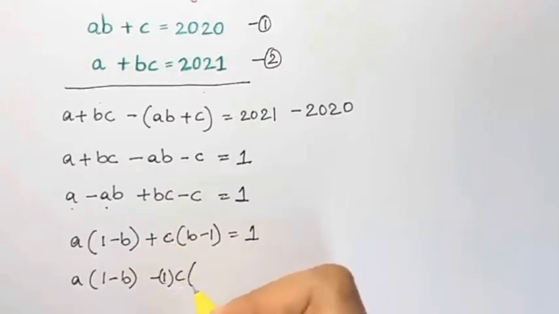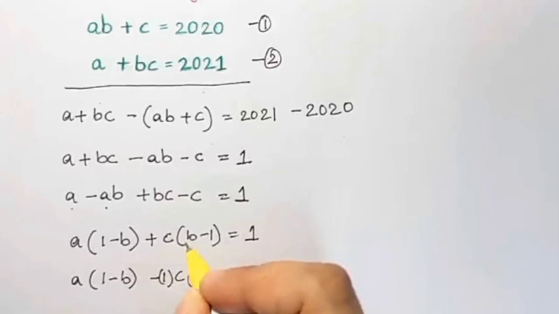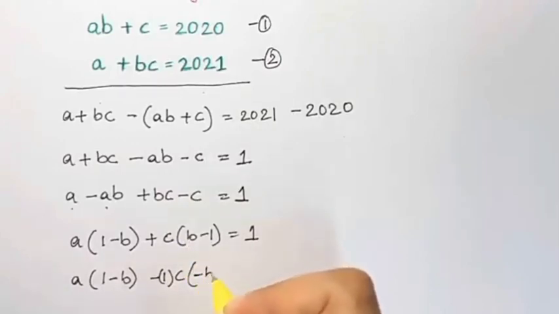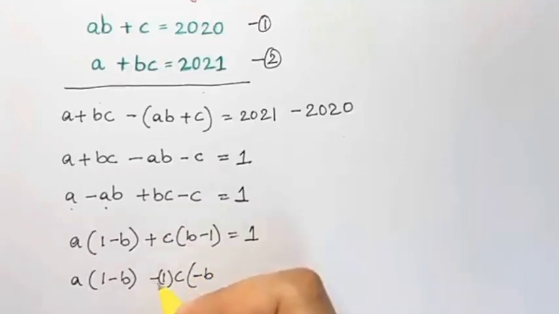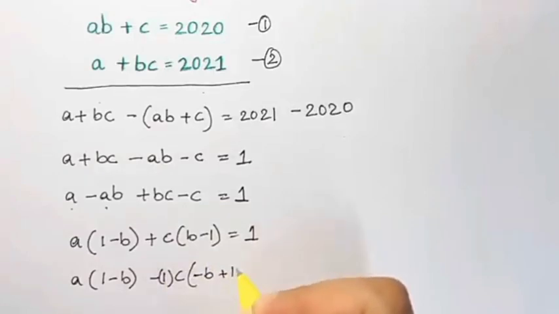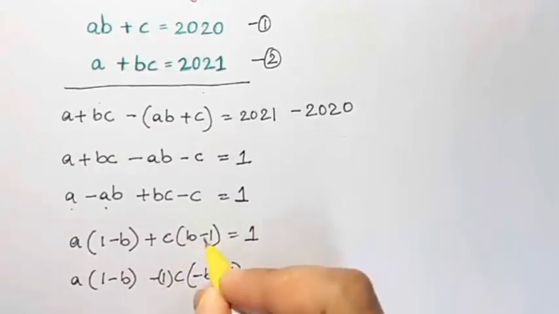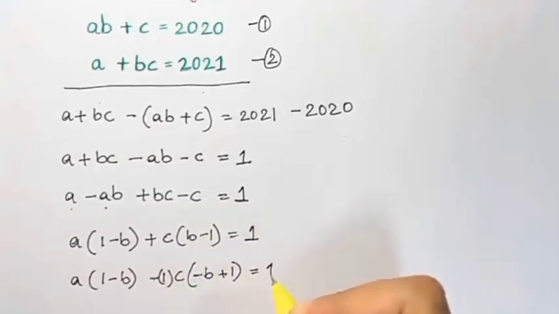Then I have C. Now if I have minus and minus can make this B positive, I'll have to put minus B. Minus into minus plus B. Now again, minus 1 into something should give me minus 1, so that will be plus 1. Minus into plus will make it negative, is equal to 1.